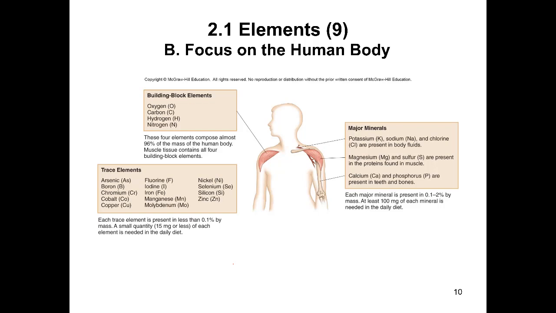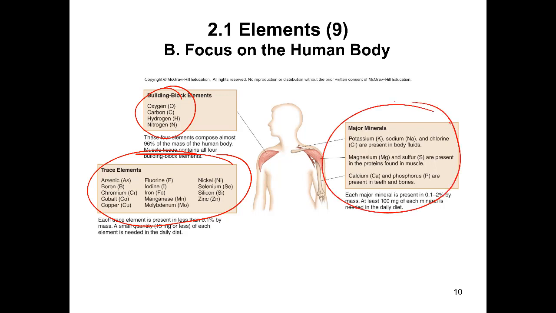So you have these building block elements such as carbon, hydrogen, oxygen, and nitrogen. And then you have all these trace and very small quantities. But if you don't have them, then you can't make some of the enzymes and things that are very important in the body. These major minerals, though, if you don't have those, you're in serious trouble: the potassium, the sodium, the chloride, magnesium and sulfur, and calcium.